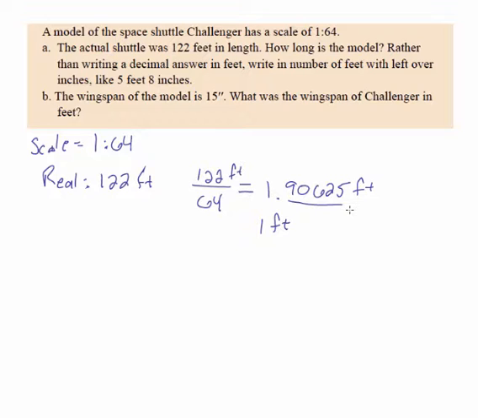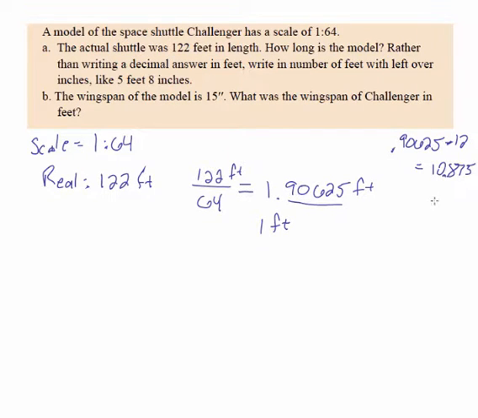Well, 0.90625 times 12 is going to tell me how many inches in 0.90625 feet. And when I do that multiplication, I'll just note that off to the side, that 0.90625 times 12 works out to be 10.875.